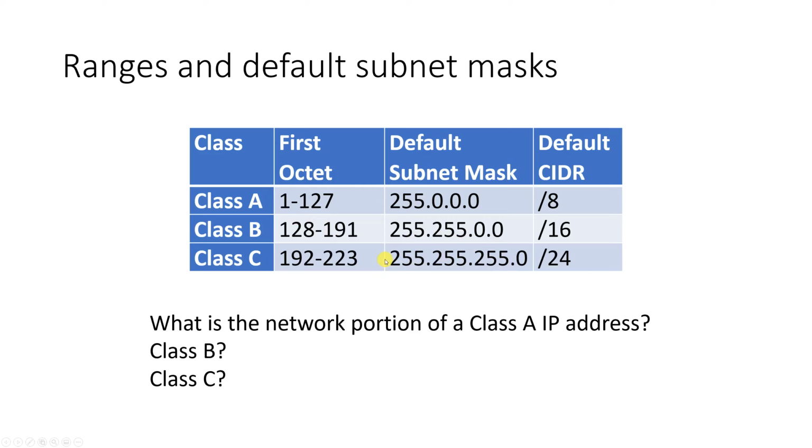Now, let's look at these numbers. Think about the number of digits that we use to create subnets and the number of digits we have left over to create hosts.